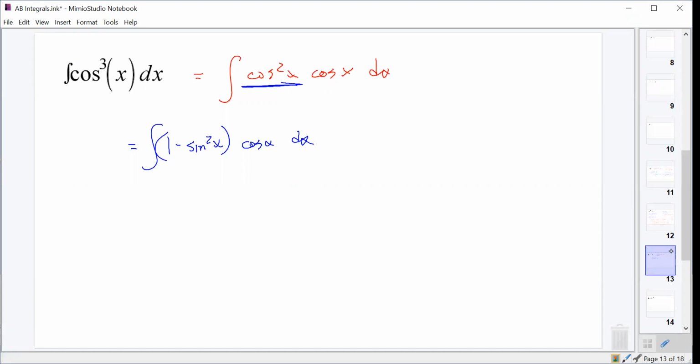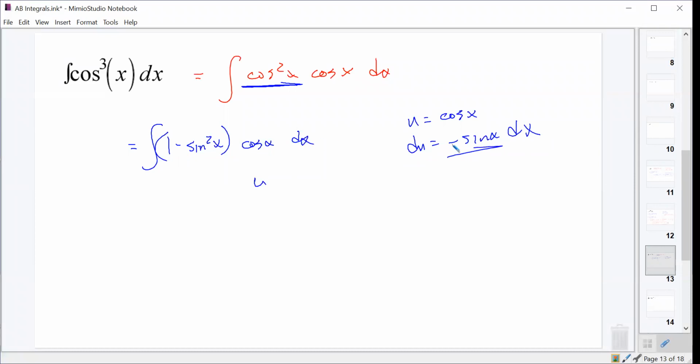All right. So what should our U-sub be? Cosine x. All right. So let's think about this. Or let's do this and see why this becomes a problem. Let's let u equal cosine x, right? So then du will be negative sine x dx. So the cosine x is easy enough to get rid of. Now I've got a u there instead of that, right? Well, what about 1 minus sine squared x dx?